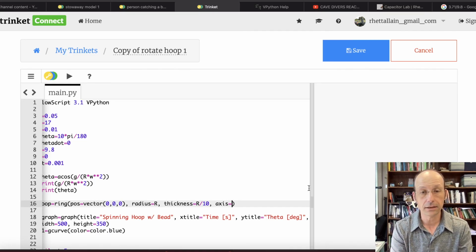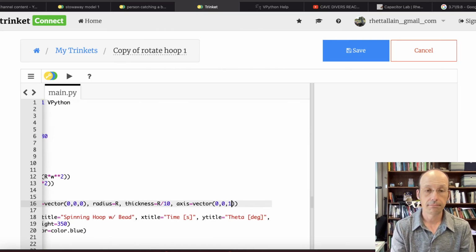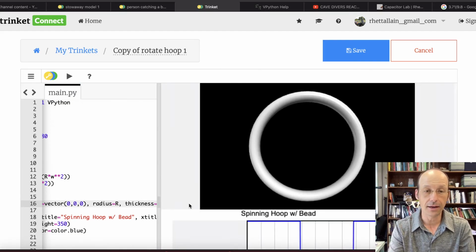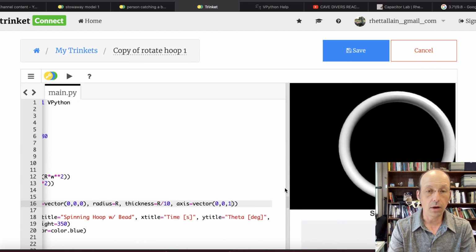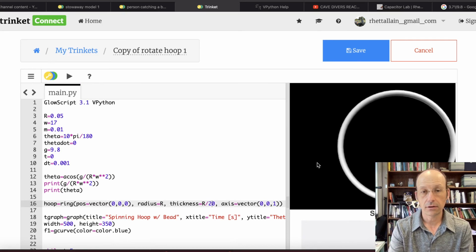So it's going to be axis of vector 0, 0, 1. Let's see what happens. I made a ring. Check that out. Okay, it's a little too thick. So I want to make that thickness, say, divided by 20. And I'm going to make it a little bit thinner, 30.